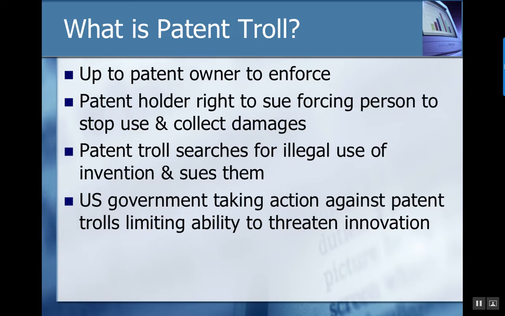So what you're seeing more of is that the suits filed by patent trolls are being held as limiting the ability to enforce that stuff. If it's not the original patent holder involved with this, then the cases are usually dismissed or not passed through.